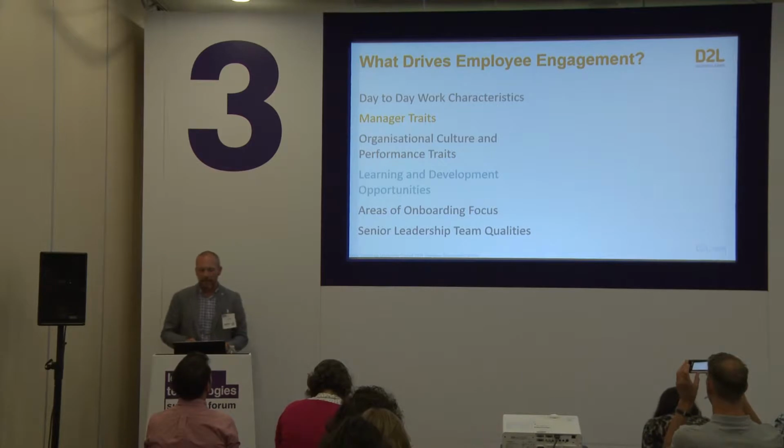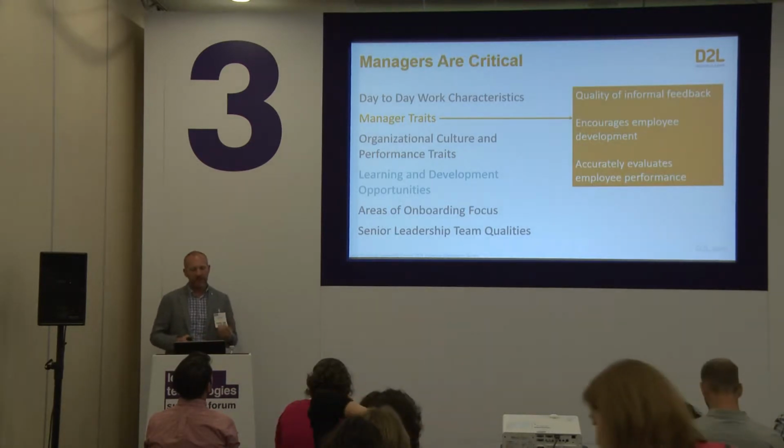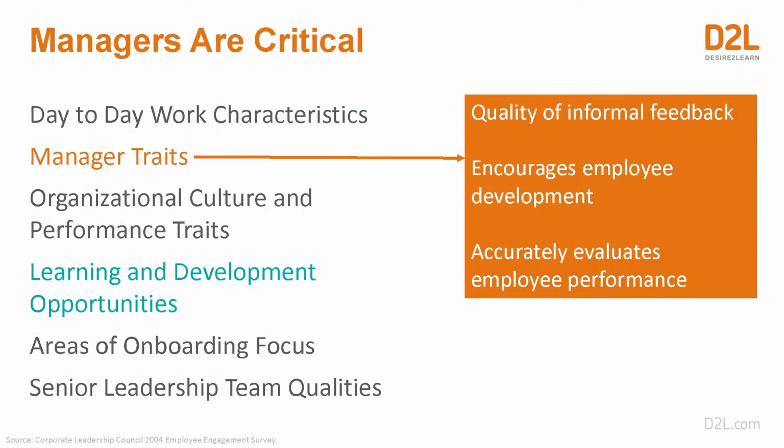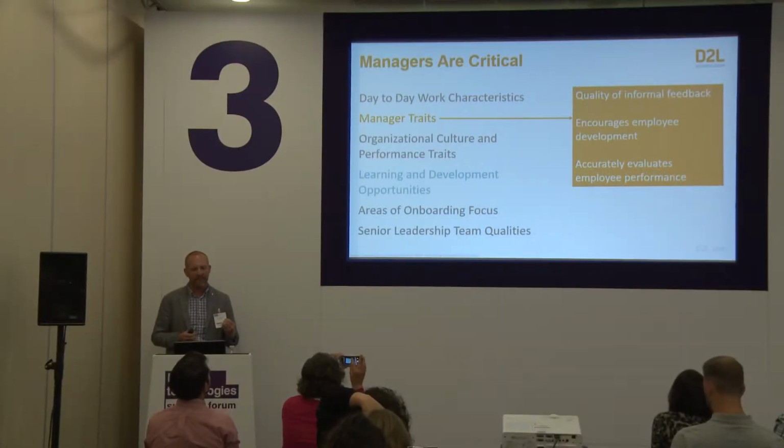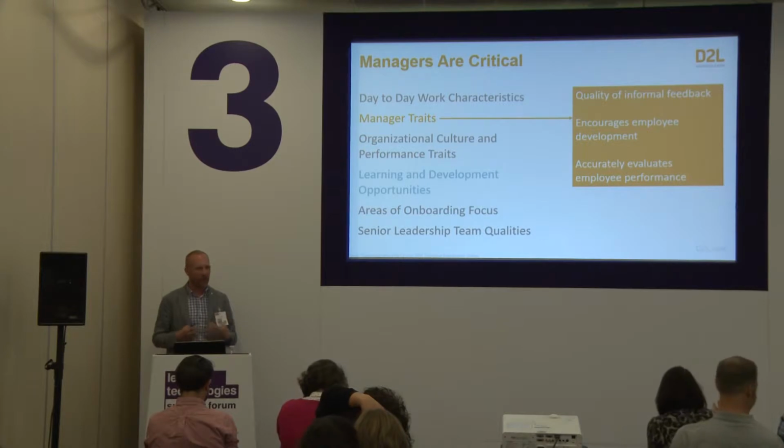Okay? So first up, if we think about manager traits, we know that a manager can be very influential in driving employee engagement in an organization, especially if they're good at what they do. Some of the key things that employees say are very impactful are informal feedback. People say that they get a lot of value out of one-to-one sessions with their manager. We know this stuff, right?